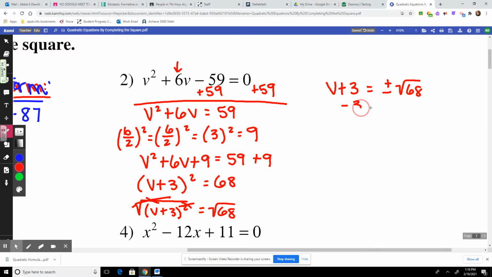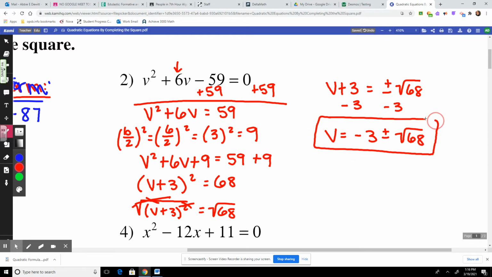I'm going to solve for the value v by subtracting 3 from both sides. So v is negative 3 plus or minus the square root of 68. And those are your two solutions, negative 3 plus the root of 68 and negative 3 minus the root of 68.